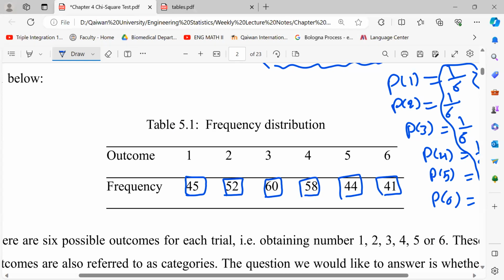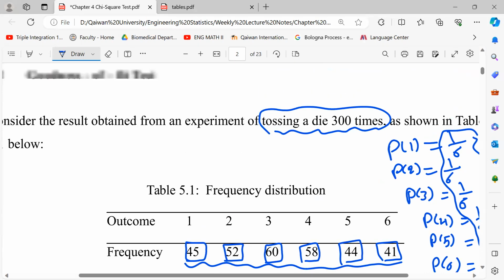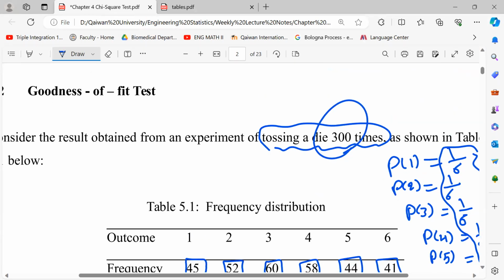We need to find the expected frequencies. How to find the expected frequencies? We need to know the total number of the experiment. How many times did we throw the dice? 300. It's given.